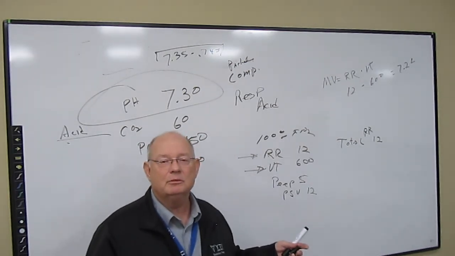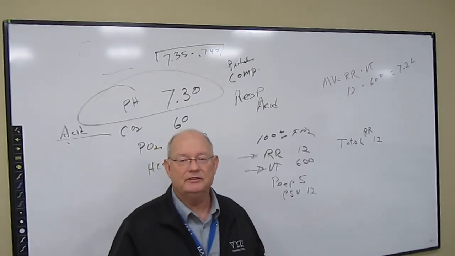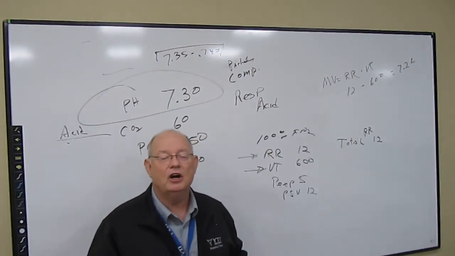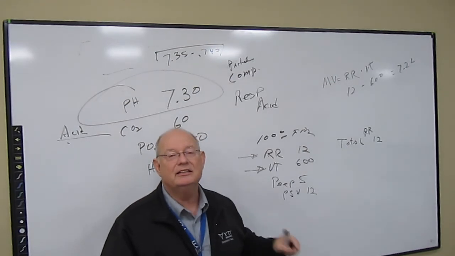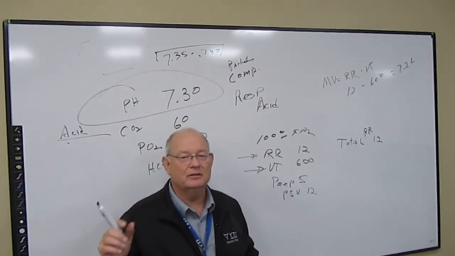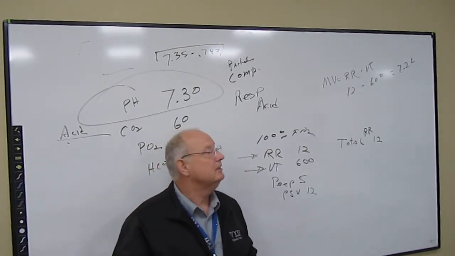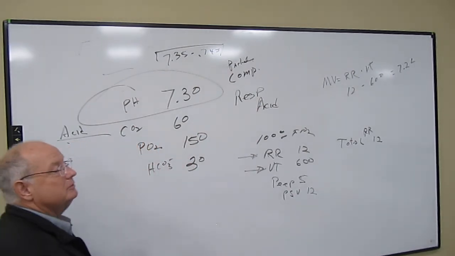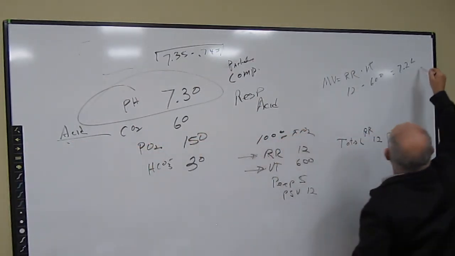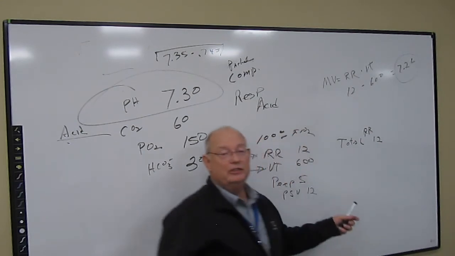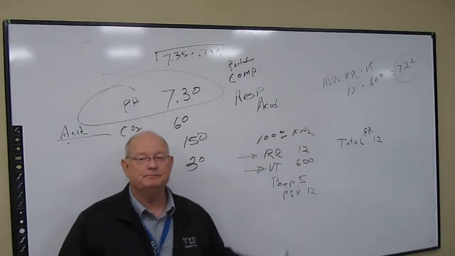We moved a couple decimal points there through the magic of the metric system. So we've changed our minute ventilation into liters, and our tidal volume is in cc's. Okay, so we know we are breathing at 7.2 liters.